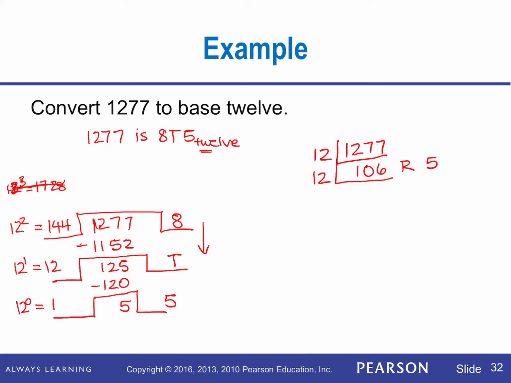How many times does 12 go into 106? 8 times. 12 times 8 is 96, so I get a remainder of 10. And I can't divide 8 by 12 again, so I'm going to start with this 8 and read up. So I get 8T5 base 12, which is the same thing I got with the other method.